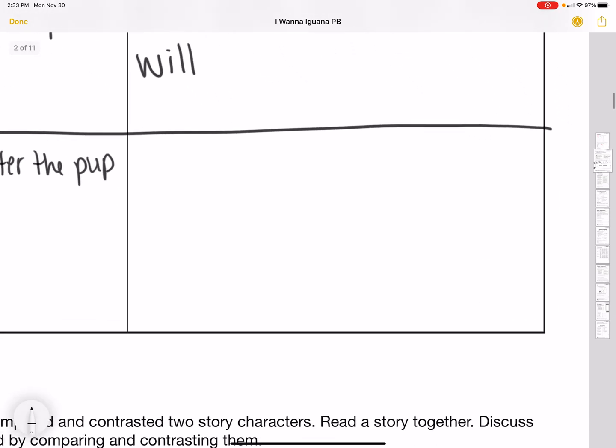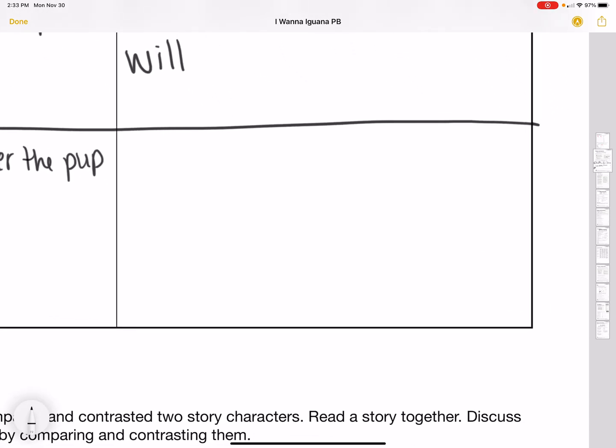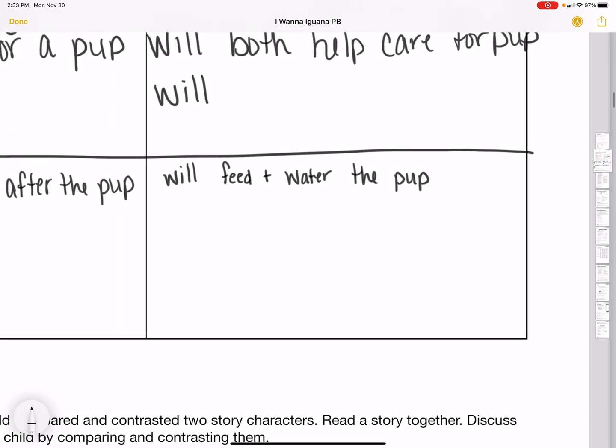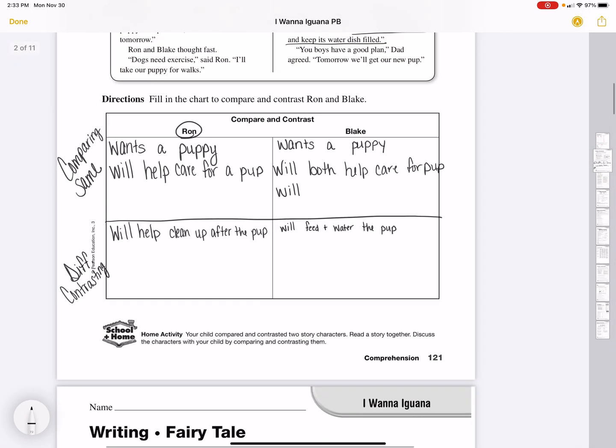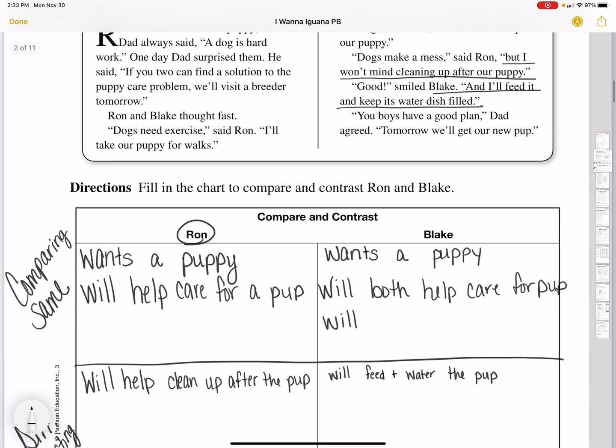And Blake said he will feed and water the pup. Will feed and water the pup. There's one more way that they are different. They both offer to do one other thing.